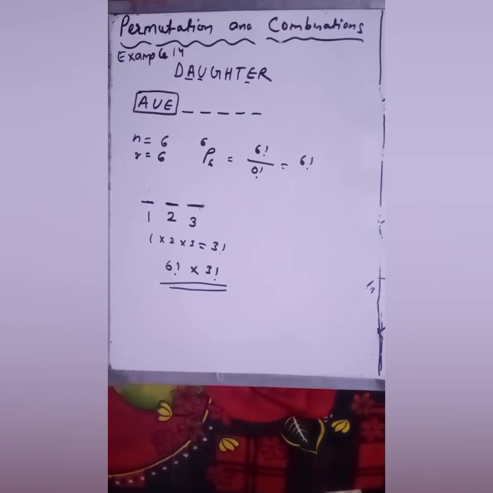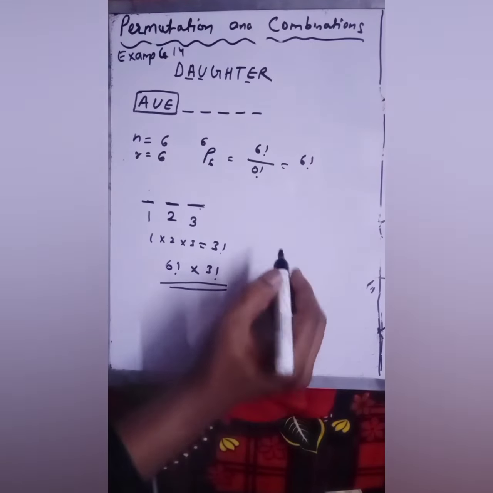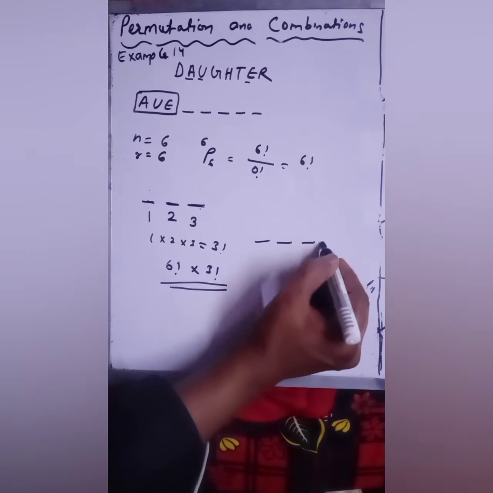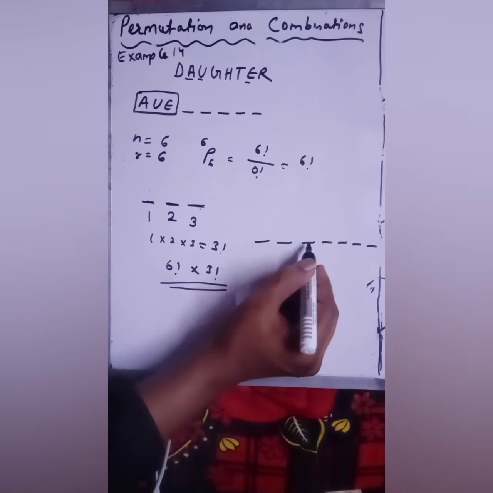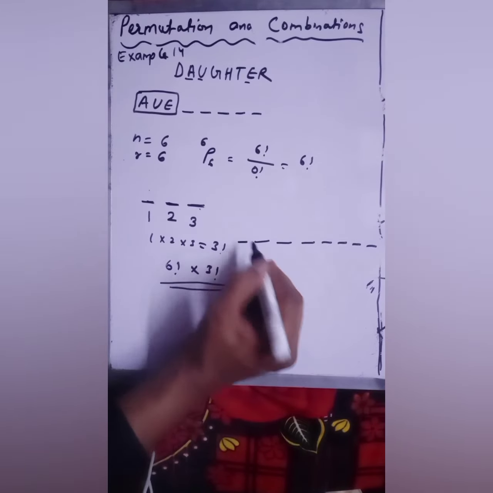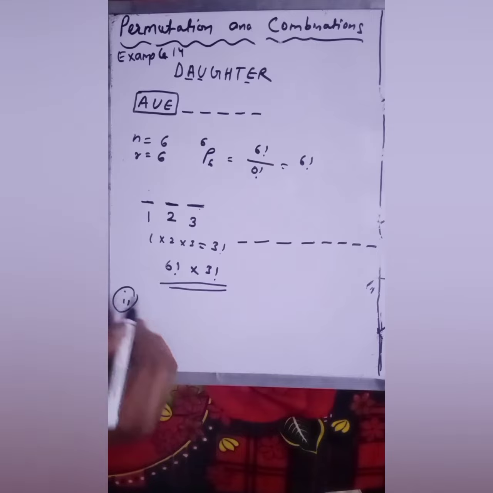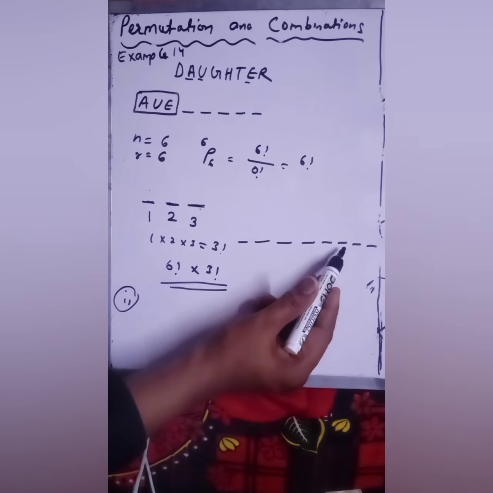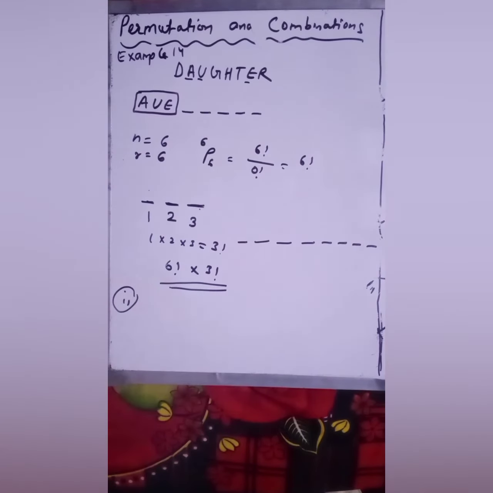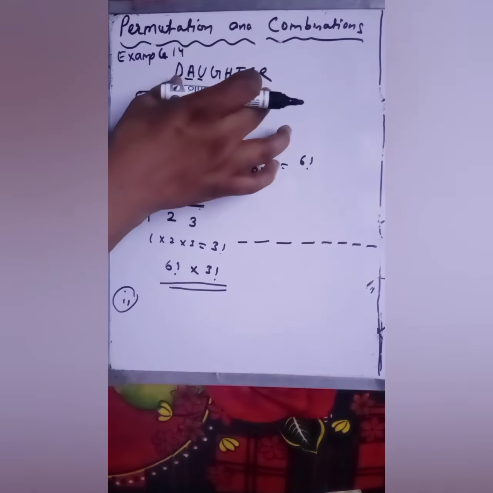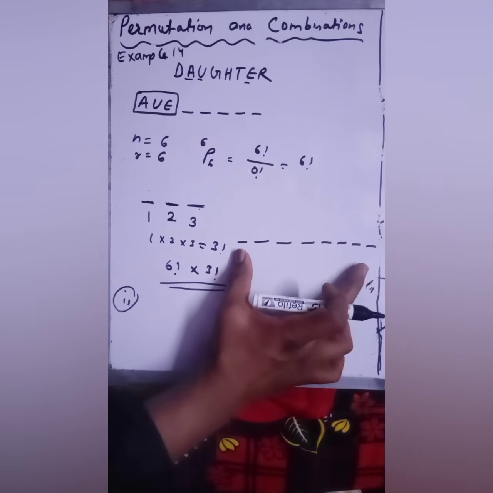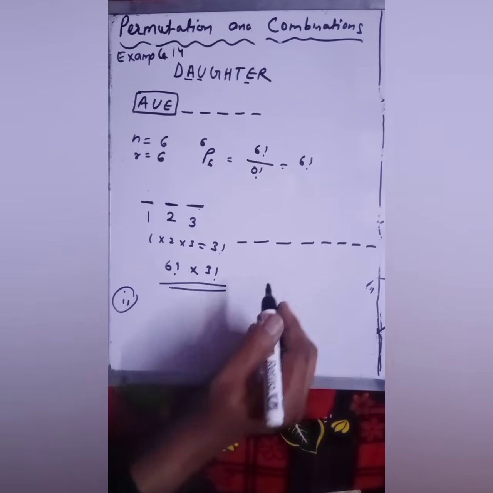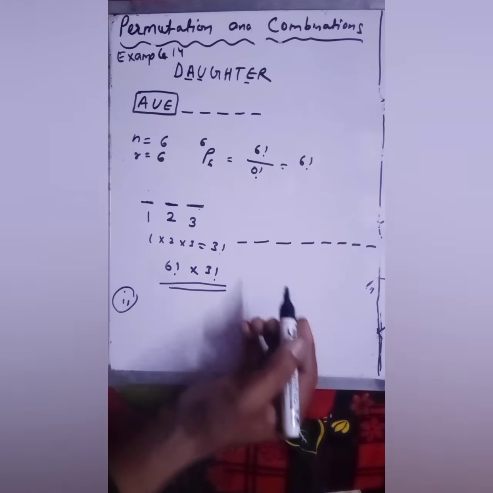Now the next part is when all the vowels are not coming together. So now we have 8 choices, 1 2 3 4 5 6 7 8. In the second part, you have 8 choices and you have to fill them with different letters, because in this word no letter is repeating. So you have 8 choices and you have to fill 8 places.